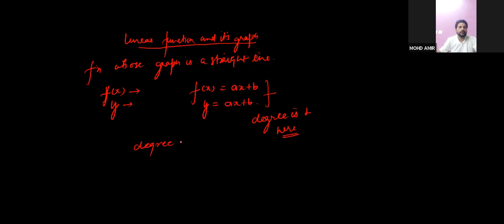So degree is basically the highest power of the variable. We can see that there are two variables, y and x, and the power of each is 1. So the highest power is 1, so the degree is 1. So it is a linear equation, or we can say a linear function.